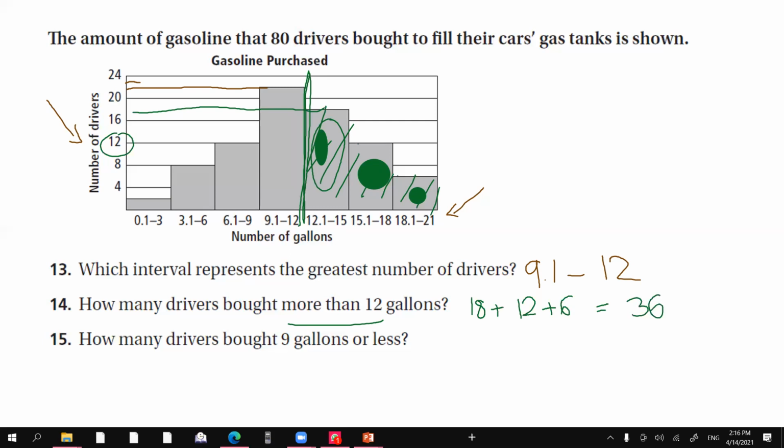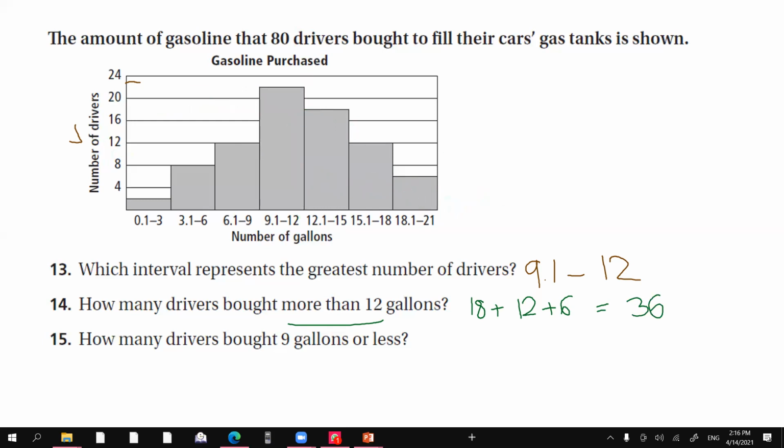So here, I told you, more than 12. What does it mean? It means I will ask myself, where is number 12? This is number 12. 12 gallons. Now be careful, not 12 drivers, 12 gallons.